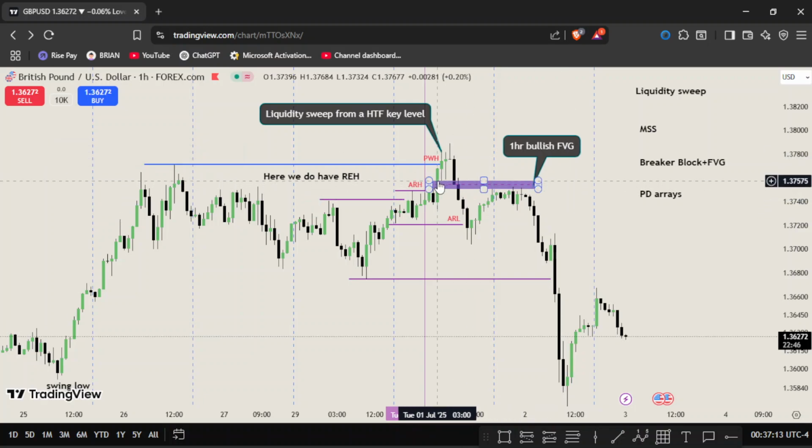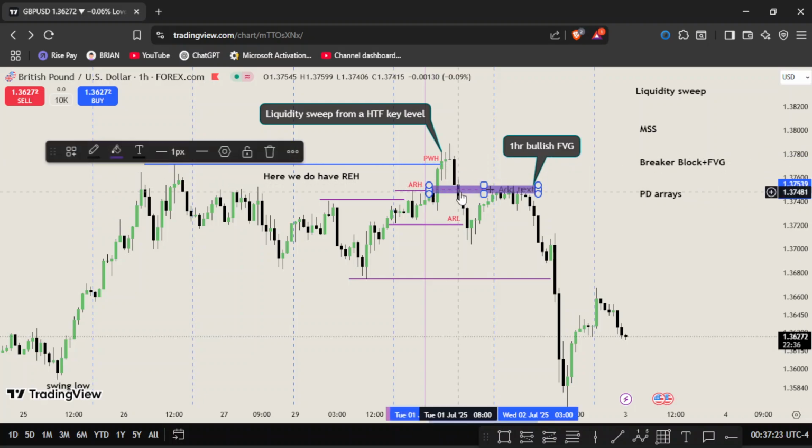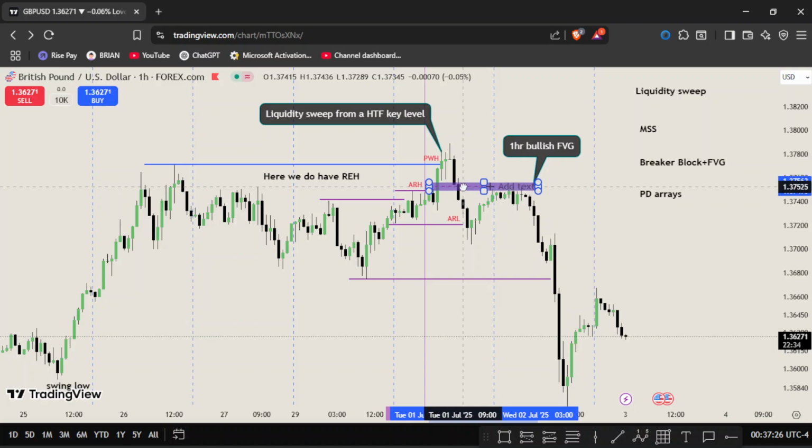What has been done to the bullish fair value gap? It has been disrespected. If you look closely, we have disrespected this fair value gap. Haven't we rolled over and closed below that fair value gap? Haven't we done that? We've done that.